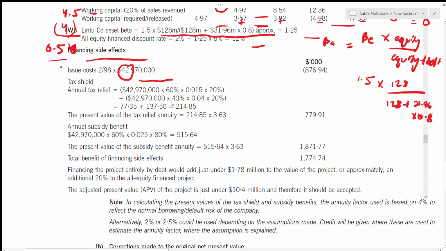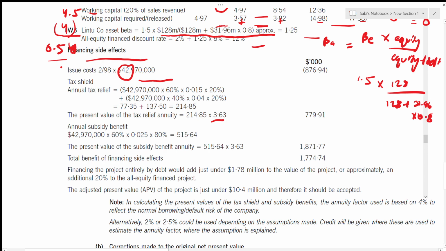But this needs to be again, it is for the 4 years. Just check this word. Annual tax relief. Annually, for all the 4 years, they'll be getting this tax relief. So what do you need? Annuity factor. Right? The present value of the tax relief annuity. You are taking this amount and multiplying by 3.63. 3.63 is the annuity factor.